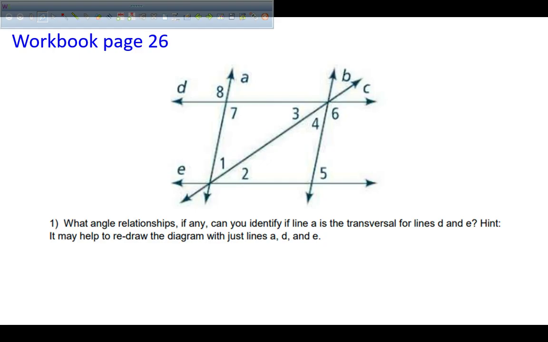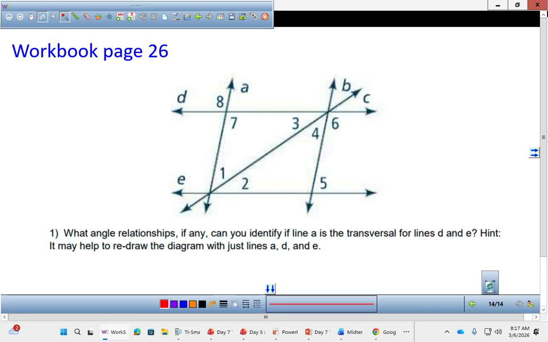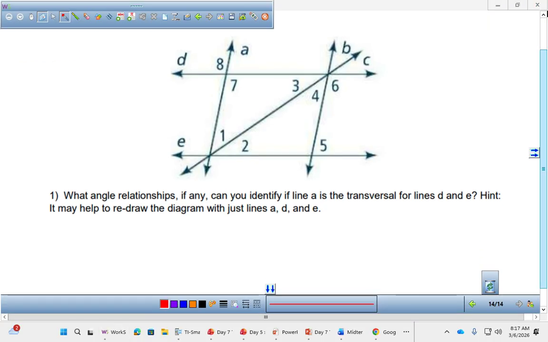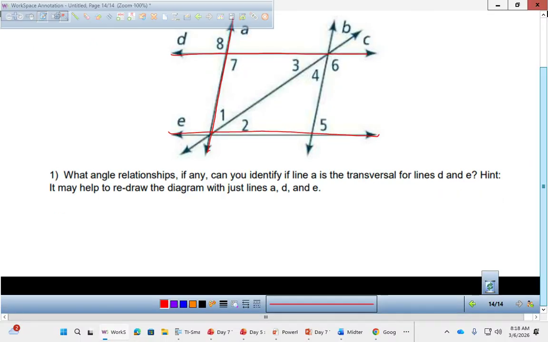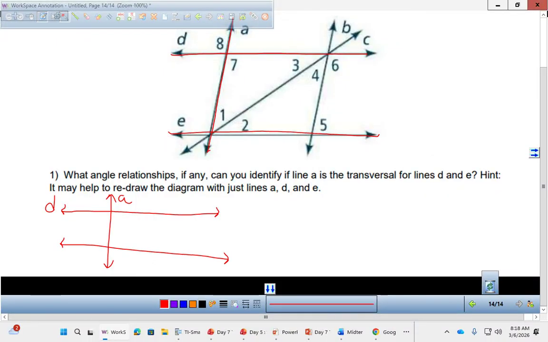Hint, it may help to redraw the diagrams with just lines A, D, and E. So if I had this diagram, here's line A, here's line D, and here's line E. So I'm going to redraw that. And I'm only going to draw what comes of those angles. So if this is A, this is D, this is E.